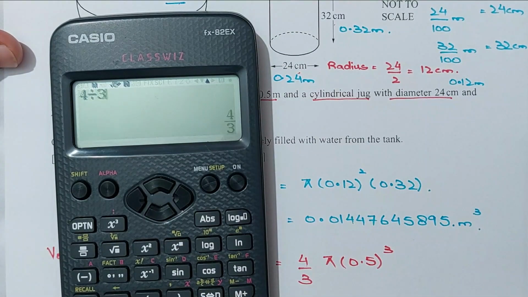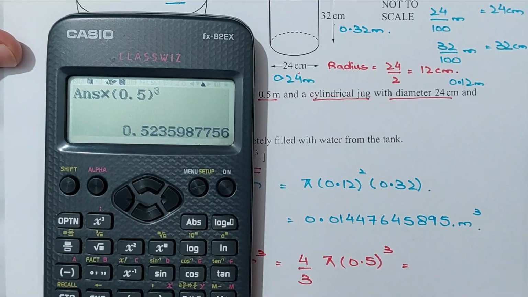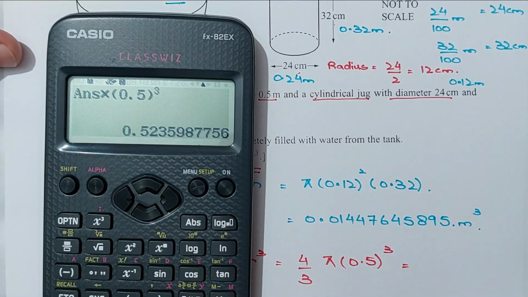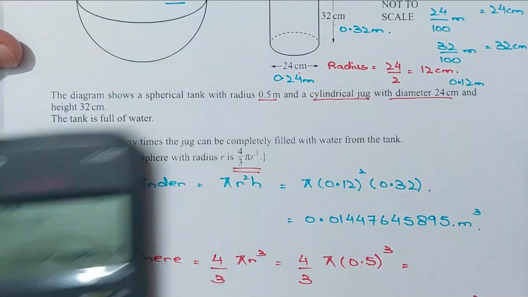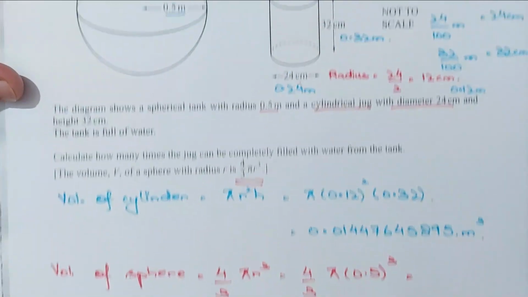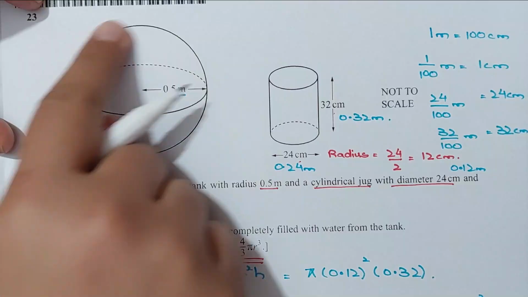So 4 by 3 times pi times 0.5 cubed is pi by 6, or we can say this is 0.523598776 meters cubed.